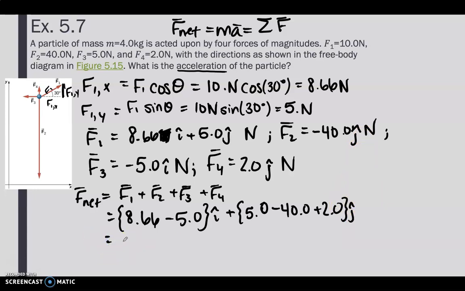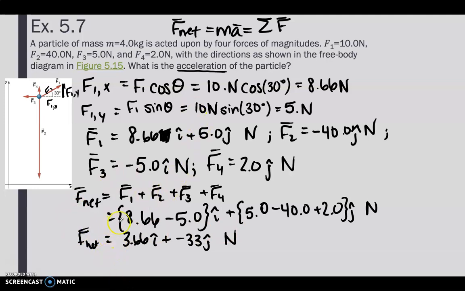So we get 3.66 i hat, this is in newtons, plus a negative 33 j hat. So that is our net force.